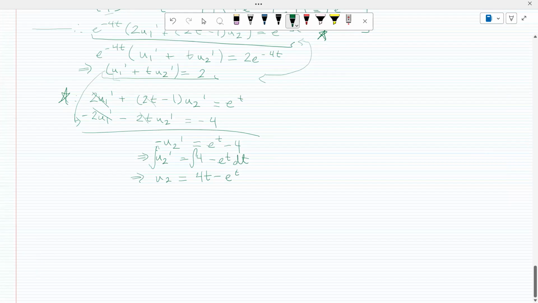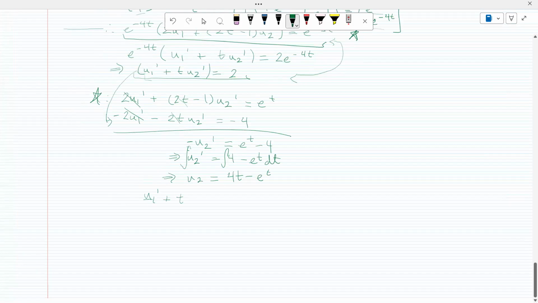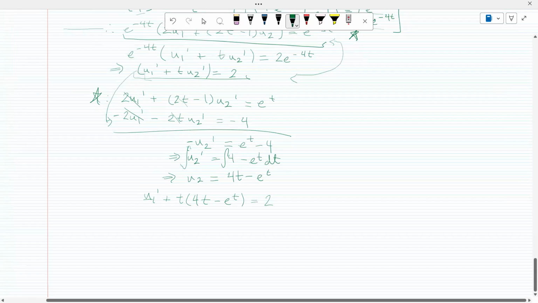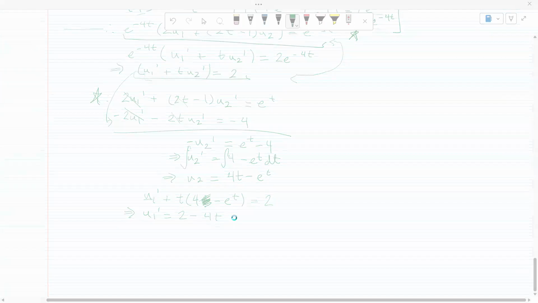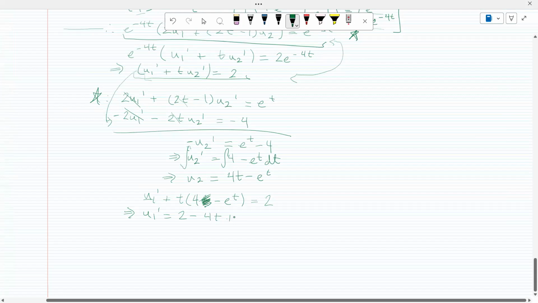So we have u1 prime plus t times (4 minus e to the t) is equal to 2. That implies u1 prime is equal to 2 minus 4t plus t e to the t.